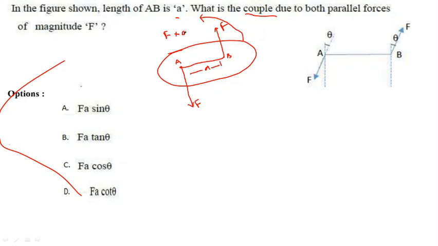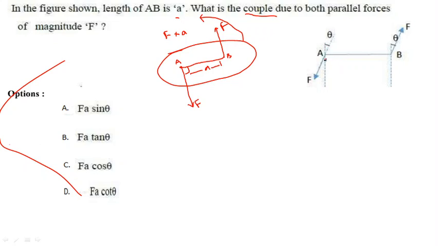In this definition our forces make an angle of 90 degrees with the axis, but in our actual problem the forces are inclined. So to calculate the magnitude of the couple, we have to resolve these inclined forces into rectangular components.